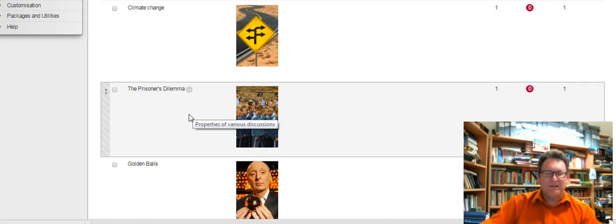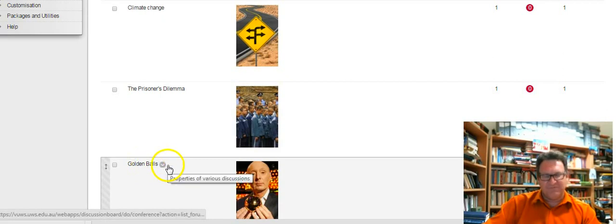In that the prisoner's dilemma is just a thought experiment designed to show how attempting to act in your own self-interest can actually harm your self-interest.